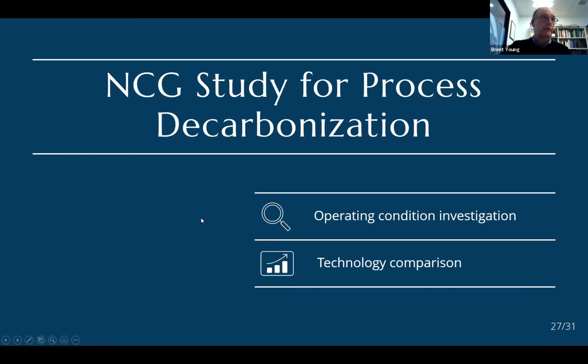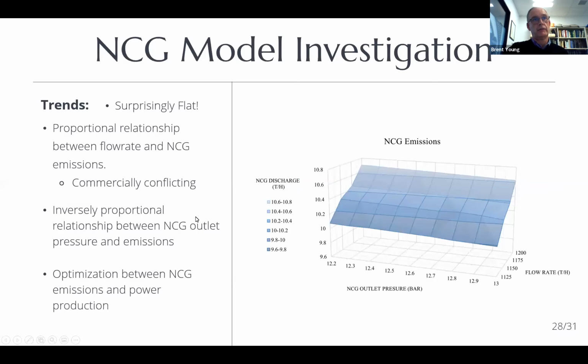Last but certainly not least, we looked at using the digital model for studying process decarbonisation, particularly looking at the NCGs. We looked at variation with respect to outlet pressure and flow rate and how the emissions changed. If you look at the figures here, you can see it's reasonably flat.